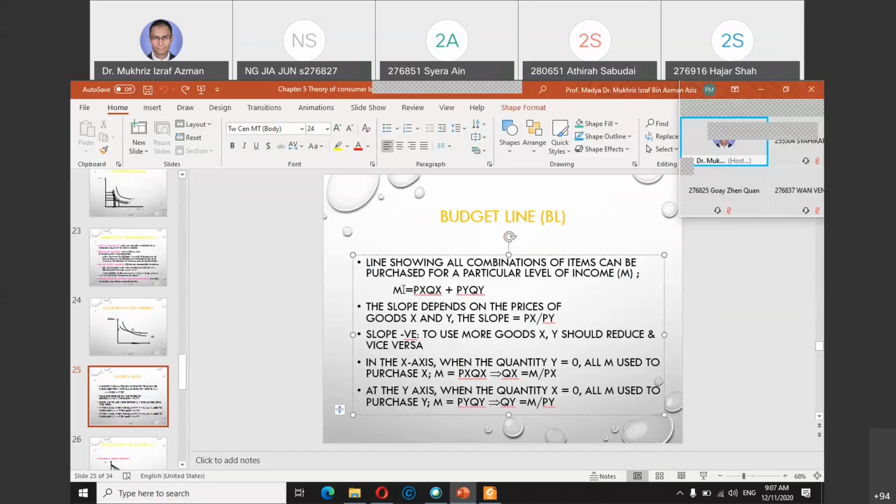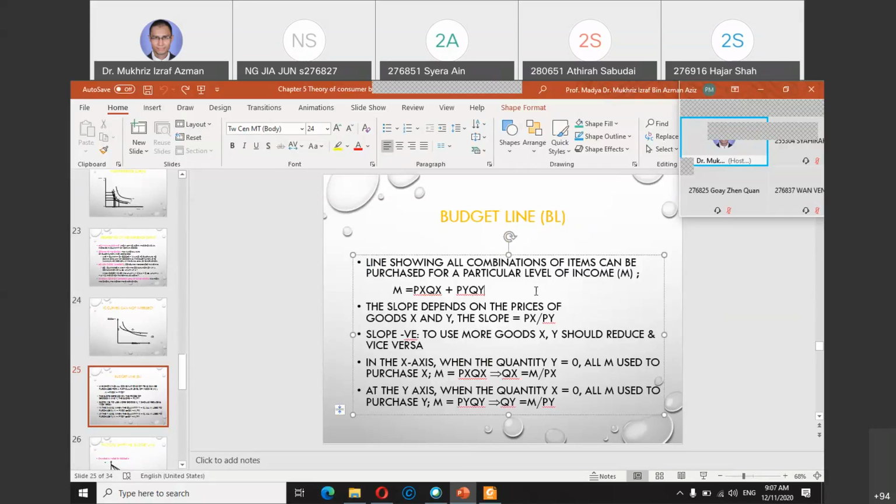And one of the simple assumptions when you use this equation is that we assume you spend every money that you have. It's not like you put aside some for saving. So if you have 30 ringgit, you must spend all of the 30 ringgit.